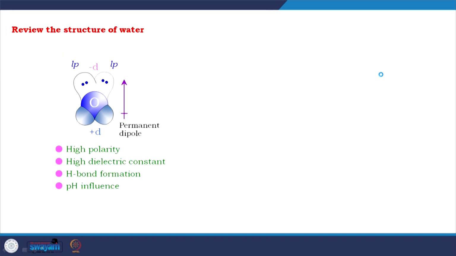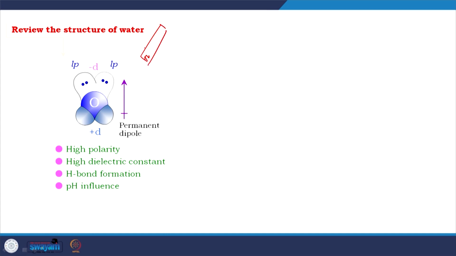If you remember, we have talked about the unique properties of water and how it is used as a universal solvent, because if you remember it has two lone pairs.